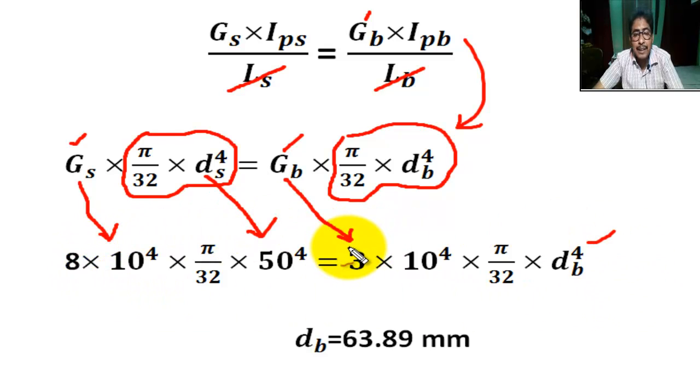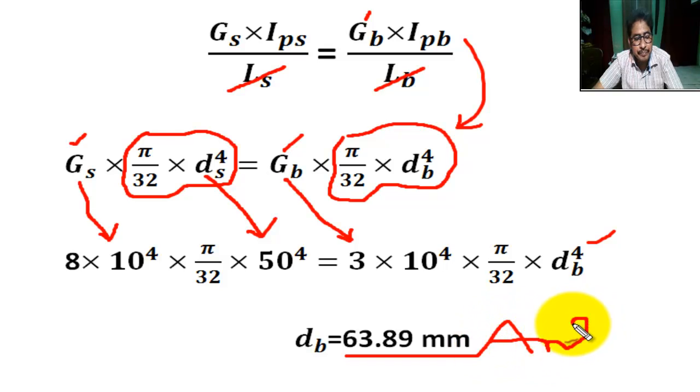From this equation, we calculate dB, the diameter of the brass shaft, equal to 63.89 millimeter. This is the required answer.